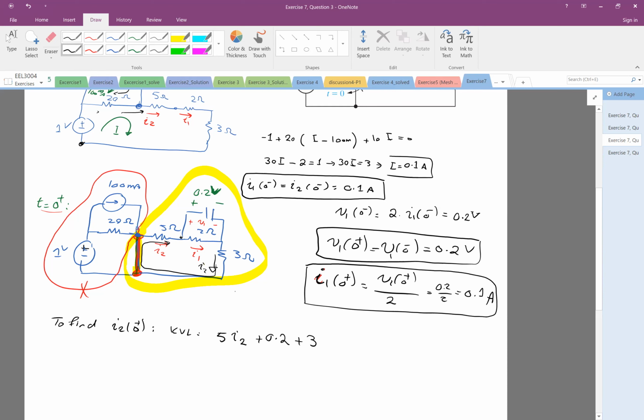So 3 times I2 equals 0. So 8 I2 equals negative 0.2. I2 equals negative 0.2 divided by 8.